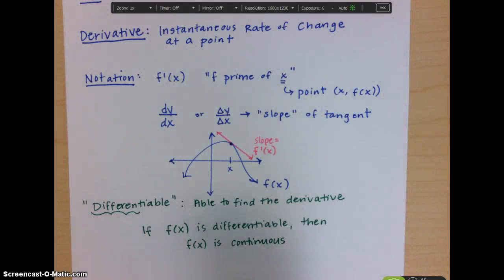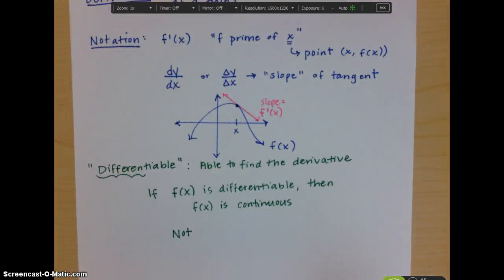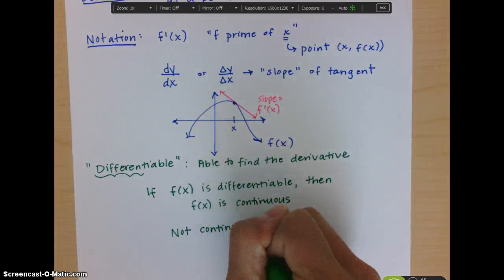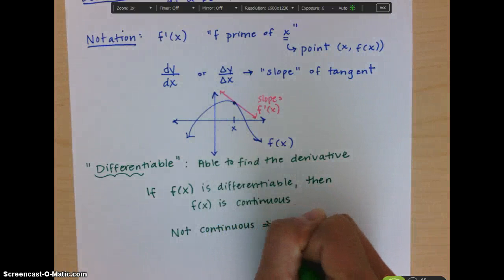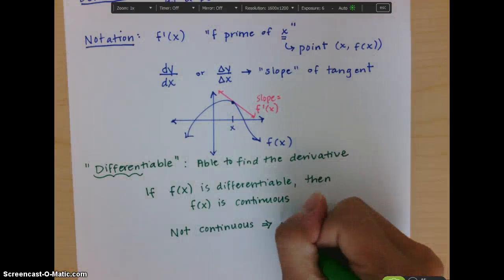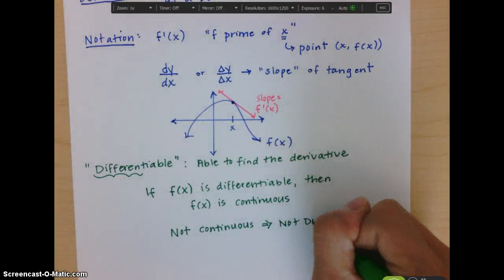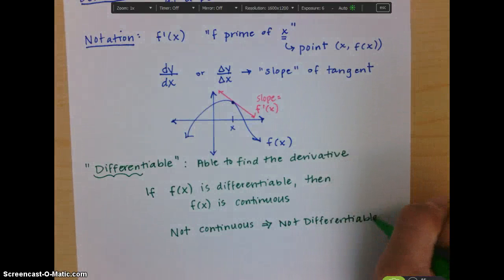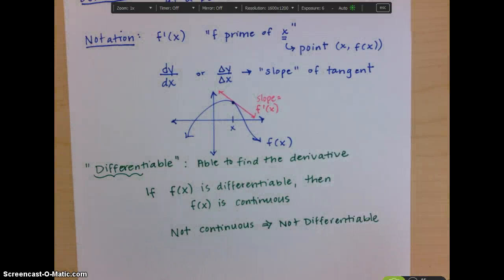Okay. Another way we can phrase this same thing is to say that if something is not continuous, then that automatically implies that it's not differentiable. Okay? So we're getting into some very minor semantics here, but we are not able to say that if something is continuous, then it's automatically differentiable.